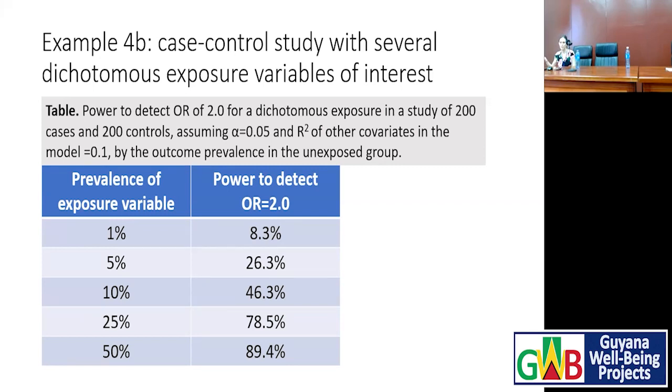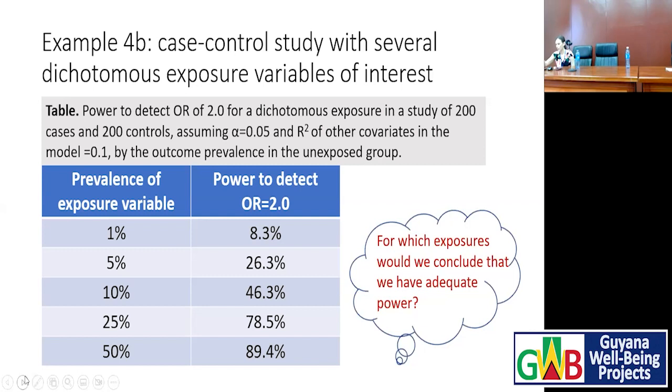What is our power to detect an odds ratio of 2.0? We see that increases with the higher exposure prevalence. And so for which exposures would we conclude that we have what we say is adequate power?